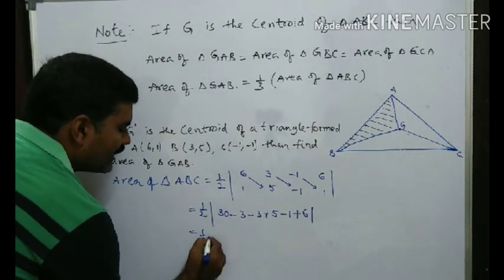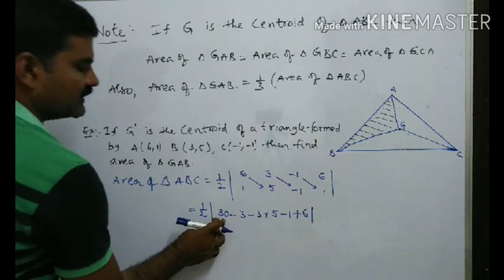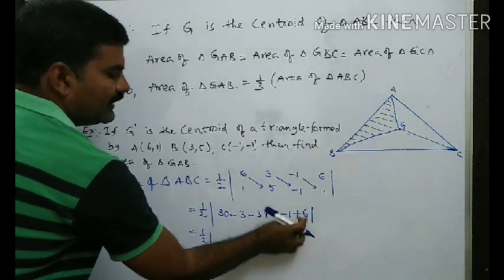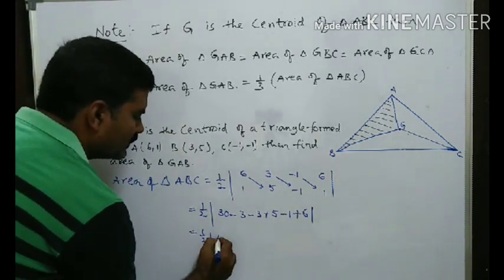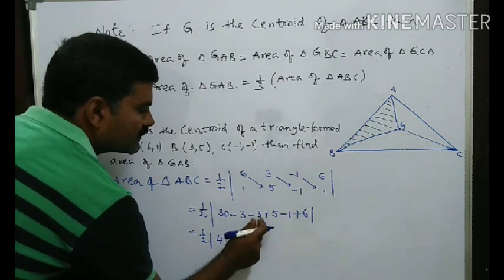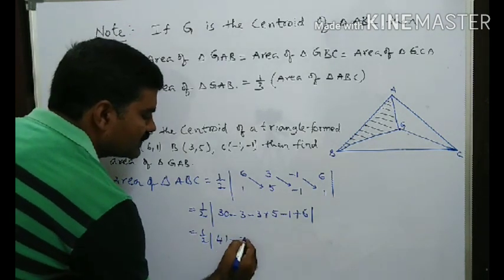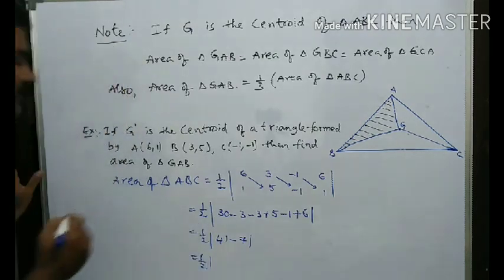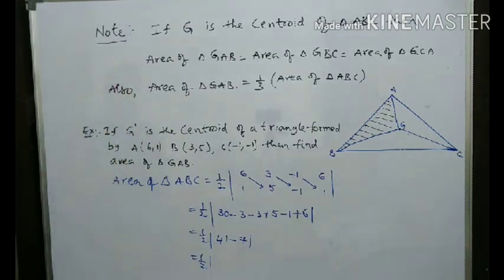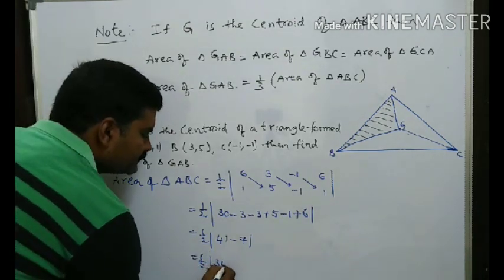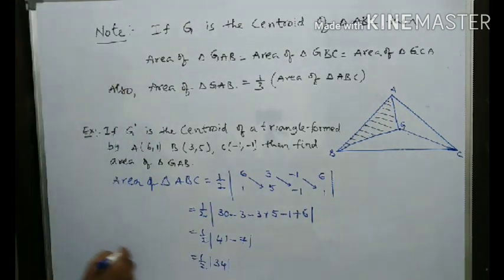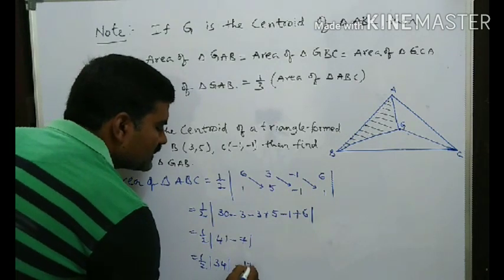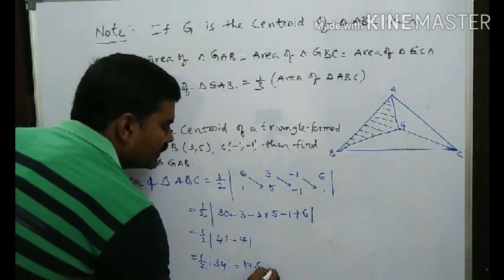So first add all the positive numbers, 30, 35 and 41. So 41 minus, if you add the negative terms, 7, which is equal to half modulus of 34, which is equal to 17 square units.